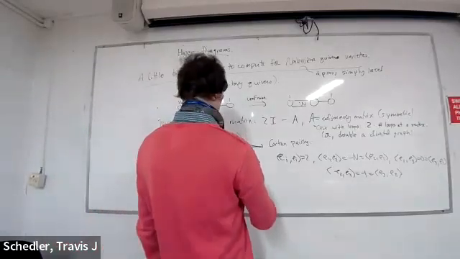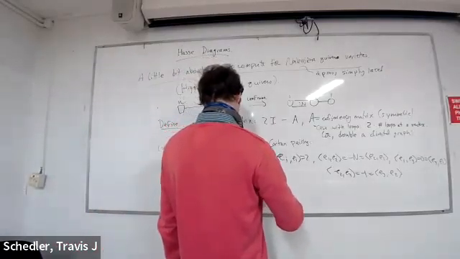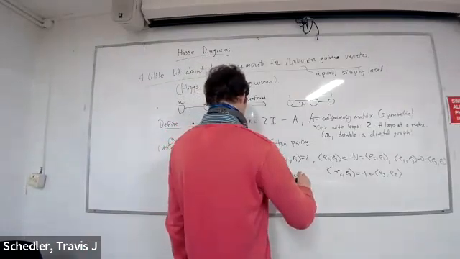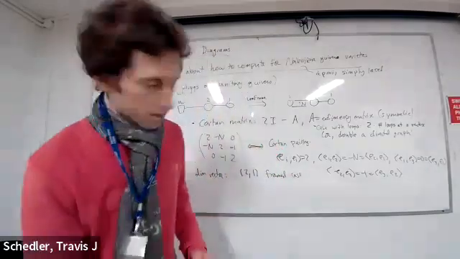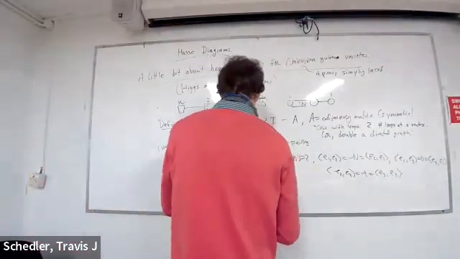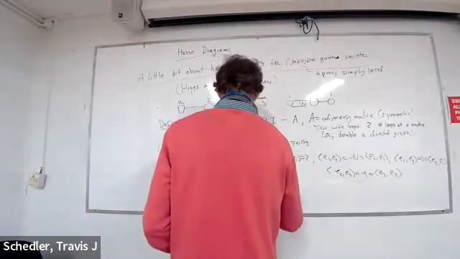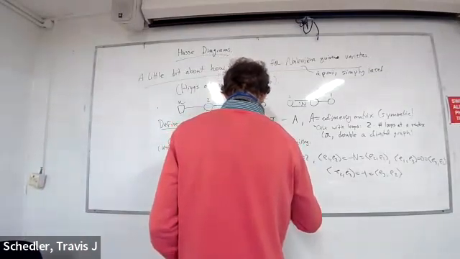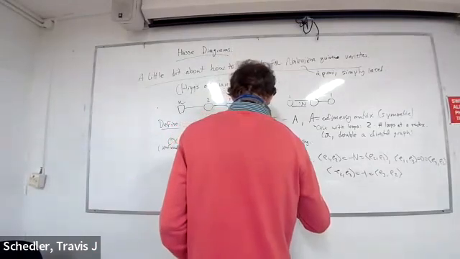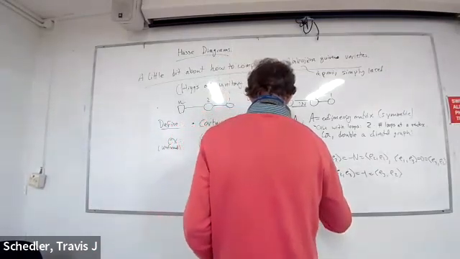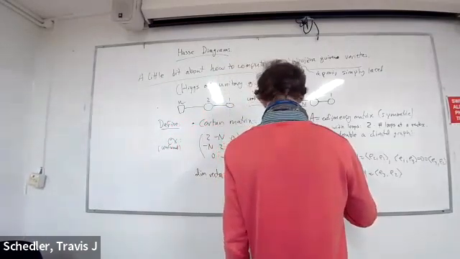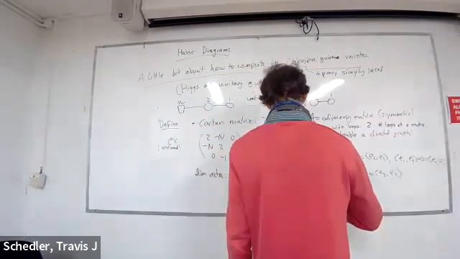So we have 2, 1 in the unframed case. For the framed case, it's going to be 2, 1 and 0 for the gauge, and then we just get the 1 on the frame.